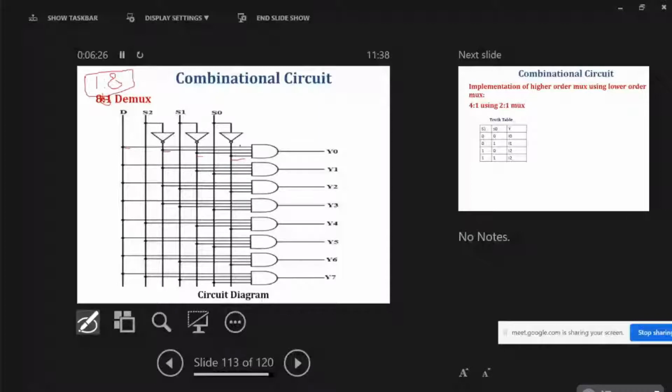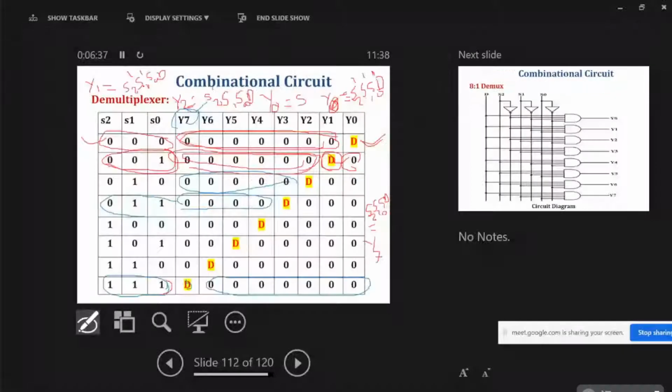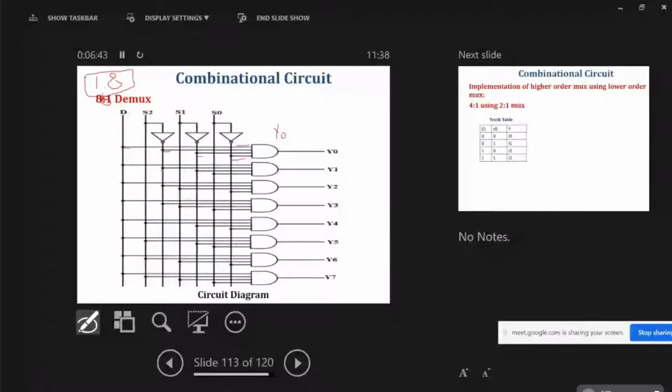What will be y1? Y1 is S2 dash, S1 dash, S0, D. So here this is S2 dash, this is S1 dash, and this is S0 and D. So this is y1.